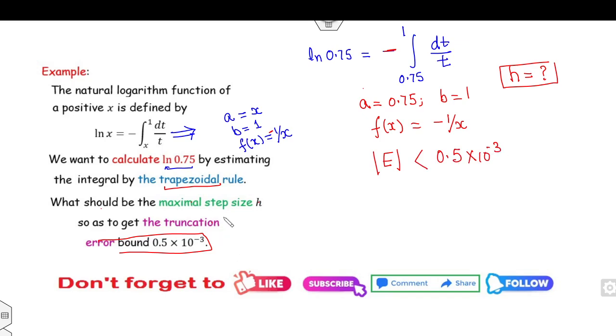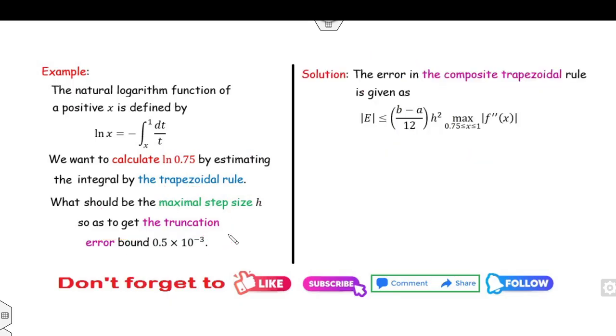Again, they are talking about the error, so I can start from the error of the trapezoidal rule, and this part is given as 0.5 into 10 raised to power minus 3. My target is to calculate f double dash, because the range is 0.75 to 1. So let's start with f.